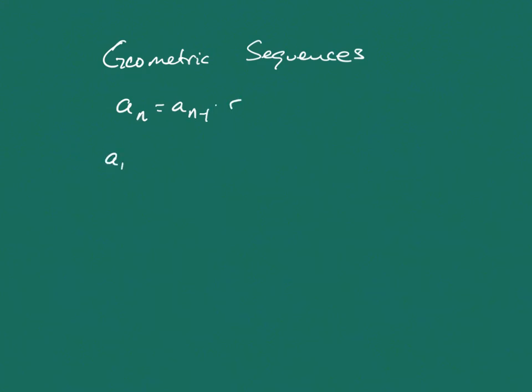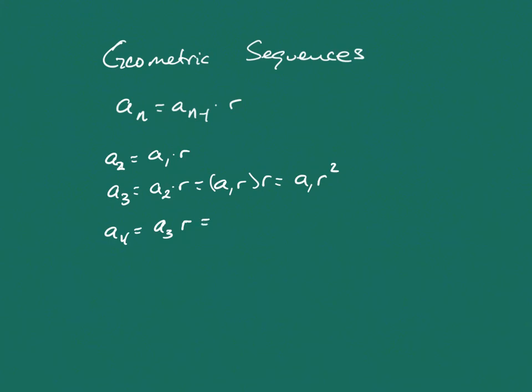Well, if I continue those, a2 looks like a1 times r, a3 looks like a2 times r, but that is a1 times r times r, so a1 times r squared. a4 looks like a3 times r, so that's going to be a1 times r squared times r, or a1 times r cubed.